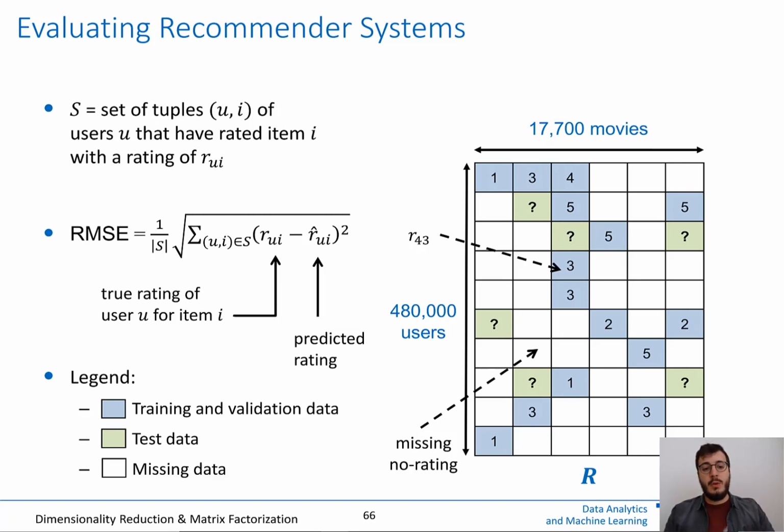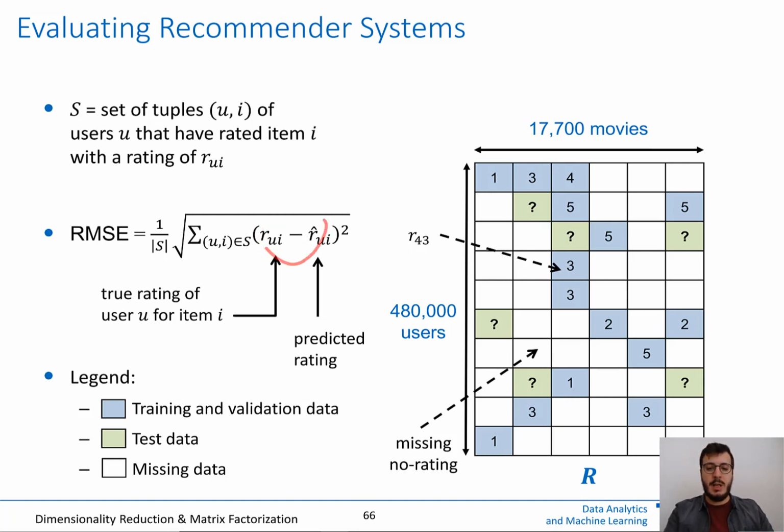Okay, so for each user that has rated an item i, we have the actual rating r_ui, which can be between 1 and 5, for example. So a rating of 1, 2, 3, 4, or 5. And the way we evaluate this system is based on the root mean square error, which basically just takes the true rating minus the predicted rating, which is based on some system, which we're going to see how this looks like.